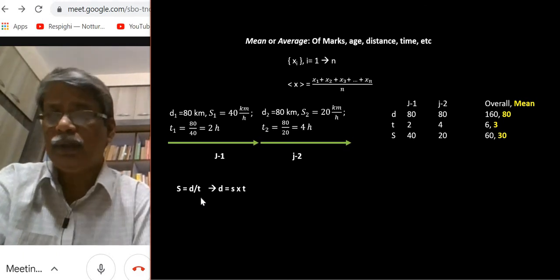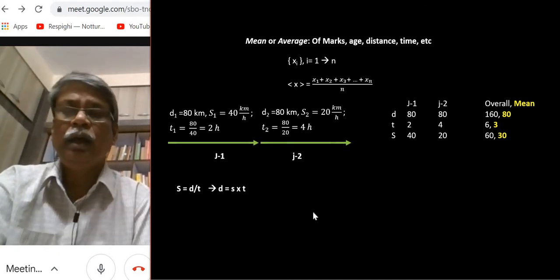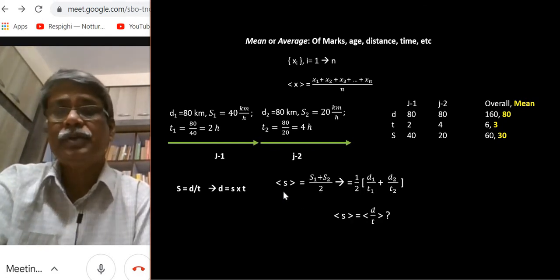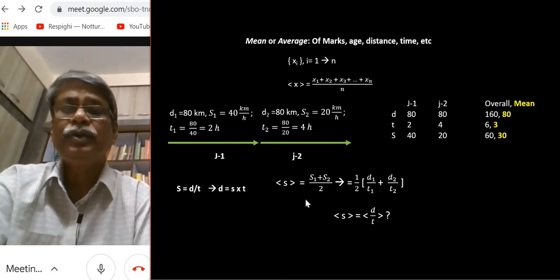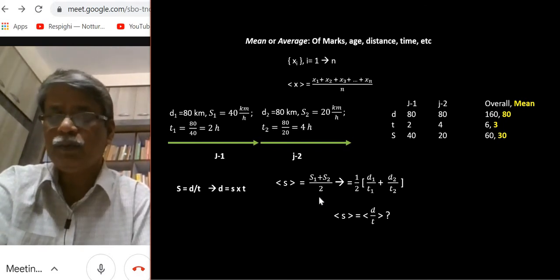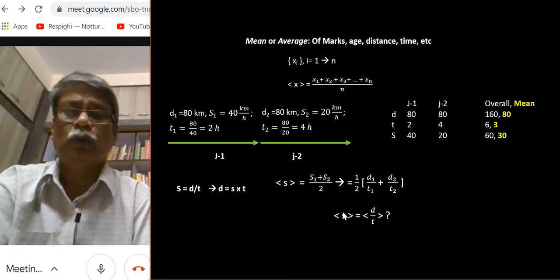Speed is nothing but distance by time, or the other way, distance is speed into time. Now if we check the average speed, by definition, S1 and S2 are two terms, so S1 plus S2 by 2, that means 1 by 2 into S1, which is D1 by T1, and S2 is D2 by T2. So this is D1 by T1 plus D2 by T2, divided by 2.